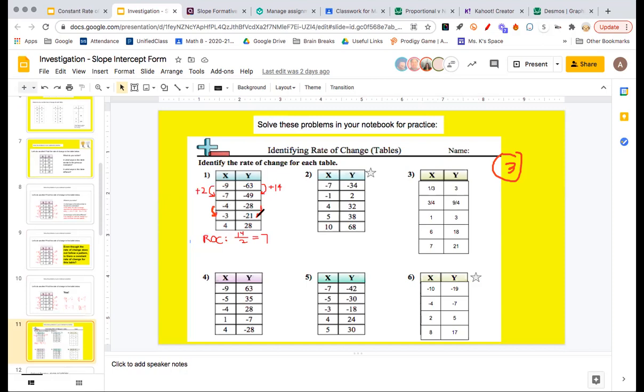So as long as 2 or more of the rate of changes are the same, then I know that it's correct, right? So from here to here, it's 2 to 14 and 1 to 7. Well, those are the same. Therefore, I know the rate of change is 7. So it's like whatever is the most reduced form is our rate of change.